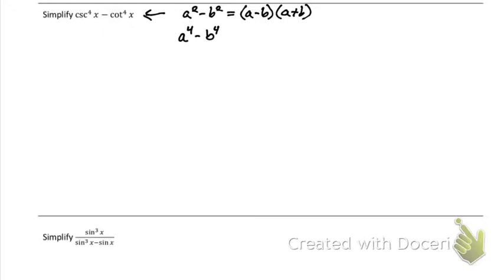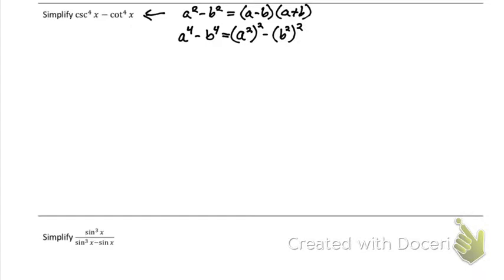Well, a to the 4th minus b to the 4th can be rewritten as a squared squared minus b squared squared, which means this a squared is taking the place of this a value.